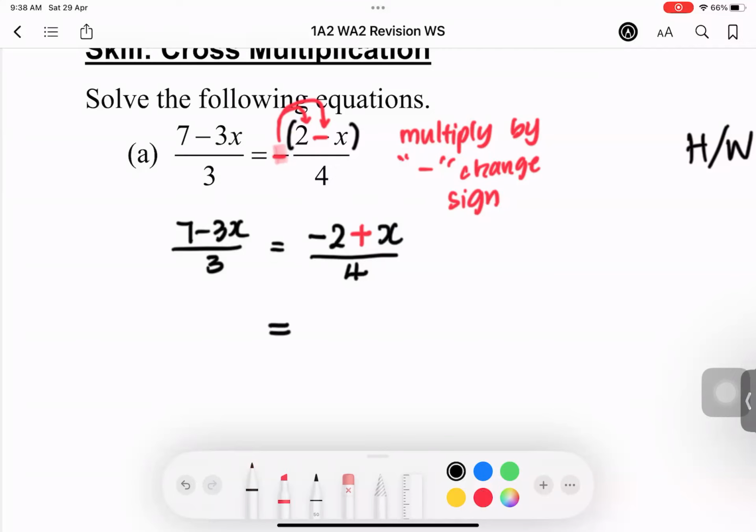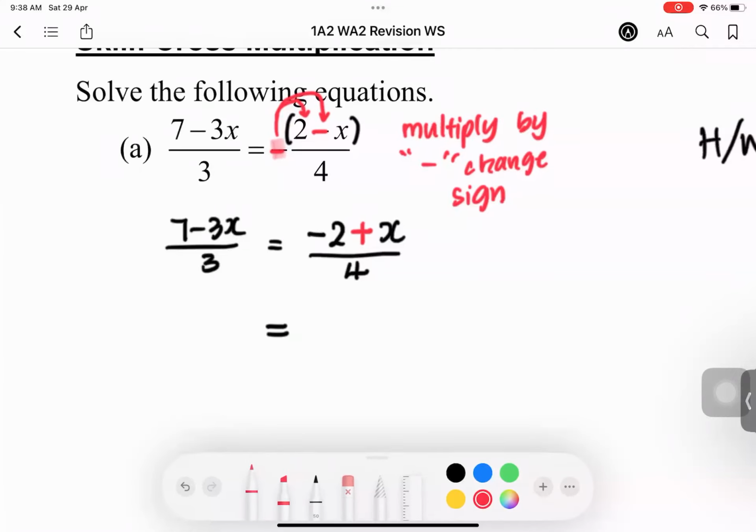Equal sign stays in the middle. Cross multiply denominator, cross and multiply over. So this will be 3 bracket negative 2 plus x. Some of you will multiply directly. Go ahead, no problem.